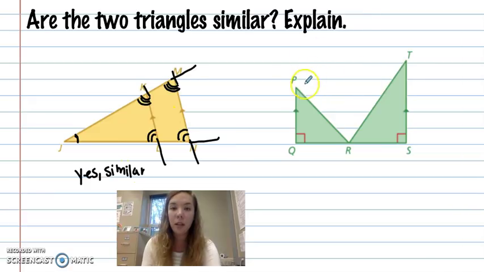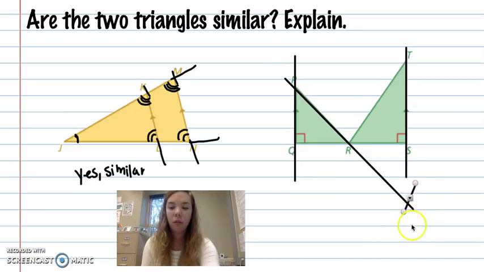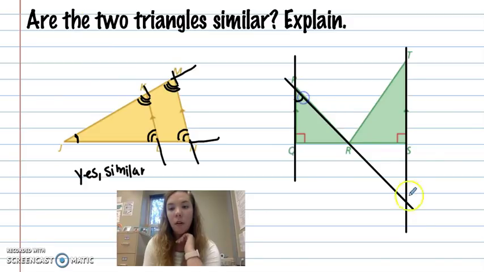Now what's different about this one is I'm going to go ahead and extend my parallel line. So these are parallel. And then this line is going to cut through this one, but way down here. So we know that, for instance, this angle goes with this angle, but that doesn't matter because it's not on this triangle at all. Or vice versa.